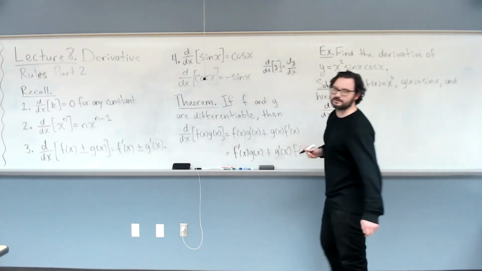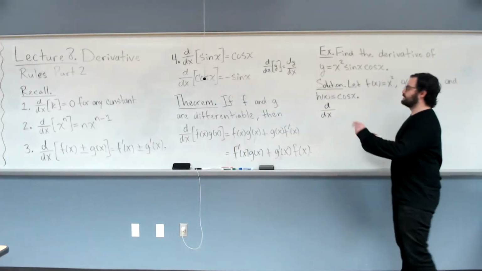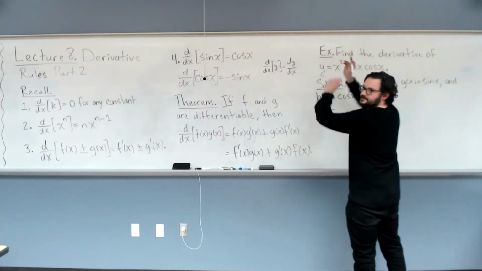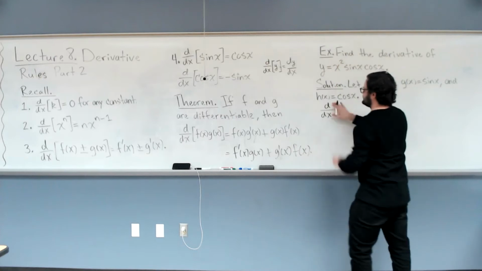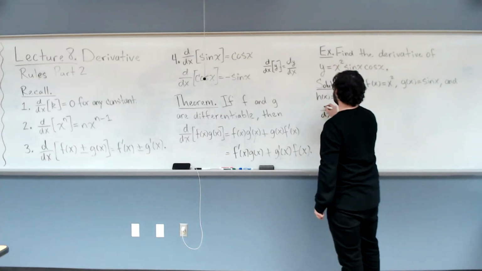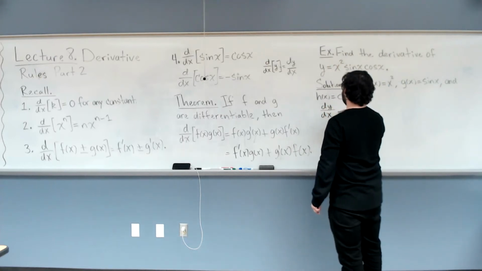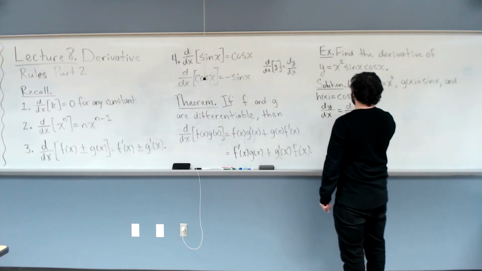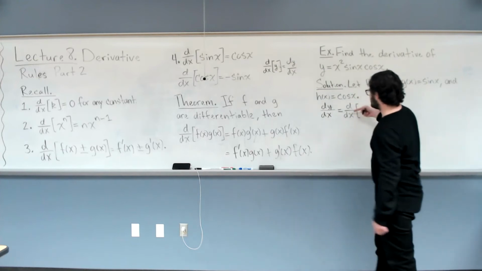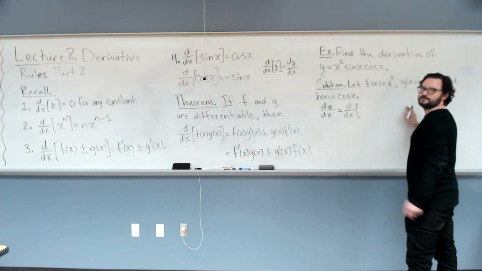The derivative of y with respect to x is just notation. So if I apply the derivative as an operator, remember how I've always called it an operator, to both sides of this equation, on the left-hand side, I get dy dx. And then on the right-hand side, I don't have to do anything yet. I just write this operator applied to these guys here.